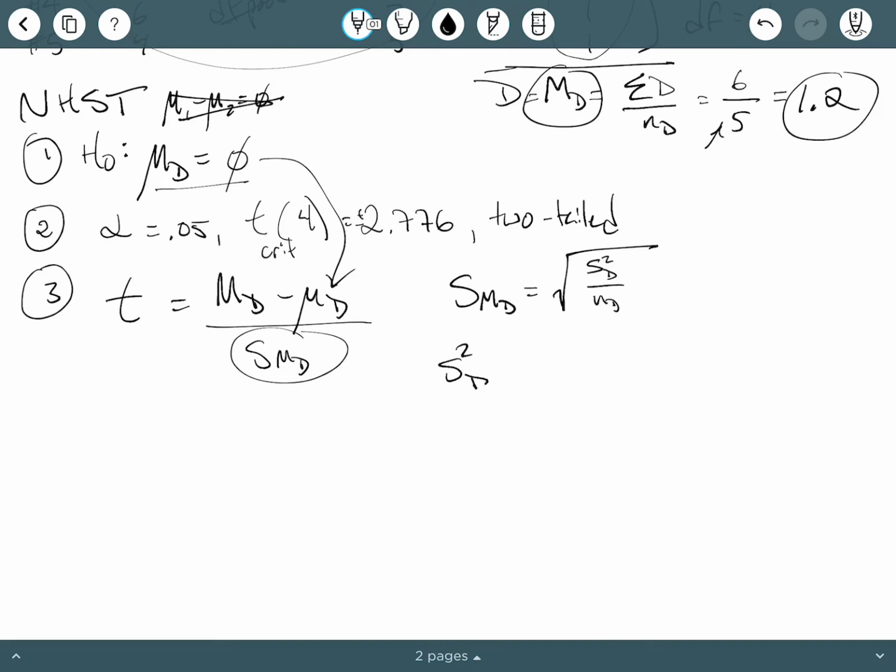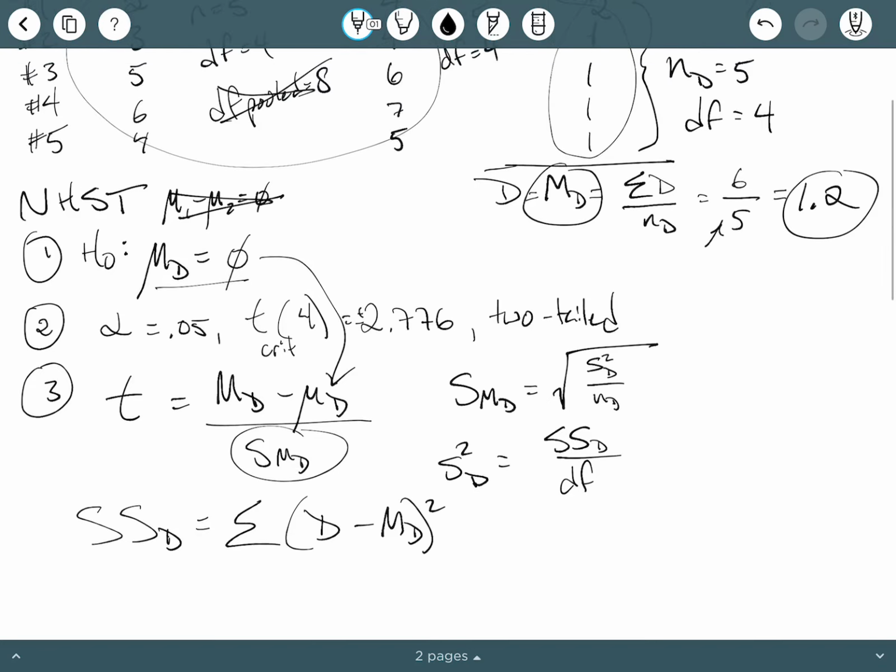The variance of the difference scores is the sum of the squared deviations of each difference score from the mean difference score divided by your degrees of freedom. And the sum of squared deviations for the difference scores is just the sum of each difference score minus the mean difference score, and you square that difference.